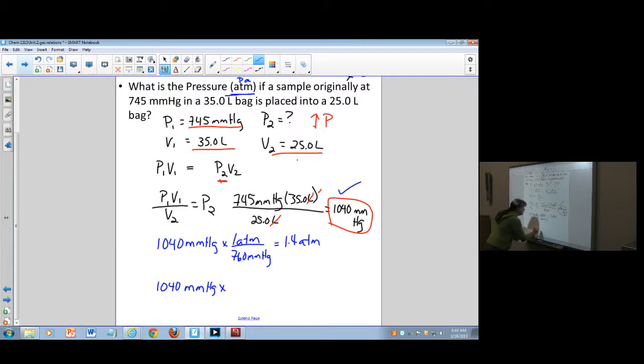So in this case, I would have 101,325 pascals for every 760 millimeters of mercury. And so in pascals, the pressure would be 1.4 times 10 to the 5th pascals.